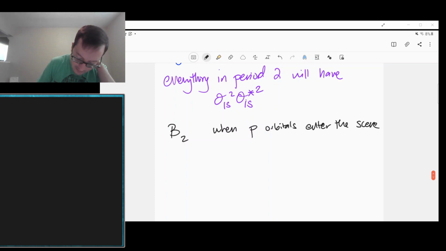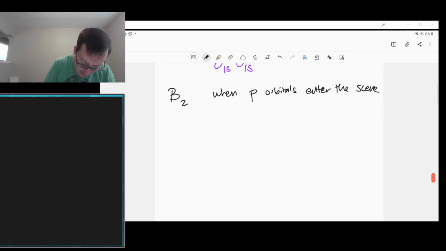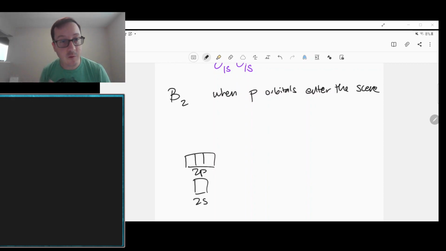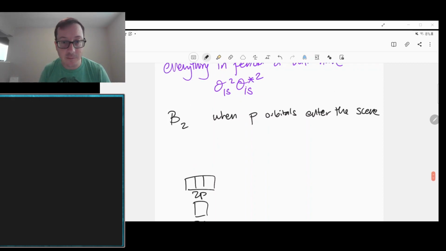We're going to see that when p orbitals come in, we're going to have multiple things happening. Let's take a look at boron. Boron has 2s2p. I'm going to ignore the 1s stuff because remember everything in period 2 has sigma 1s2, sigma star 1s2.